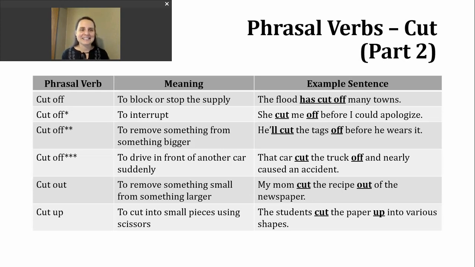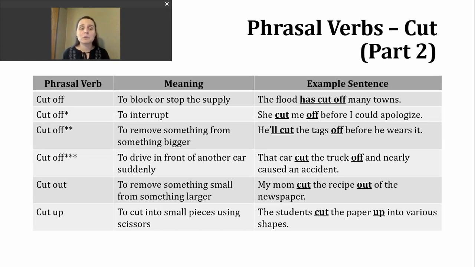But let's look at an example of cut off in a sentence. That car cut the truck off and nearly caused an accident. So someone in a car moves suddenly in front of the truck, and perhaps the truck had to jam its brakes or swerve so as not to hit the car.